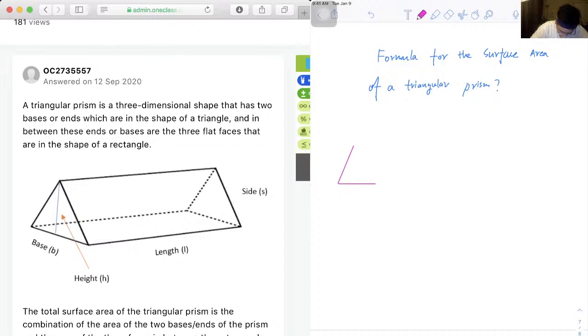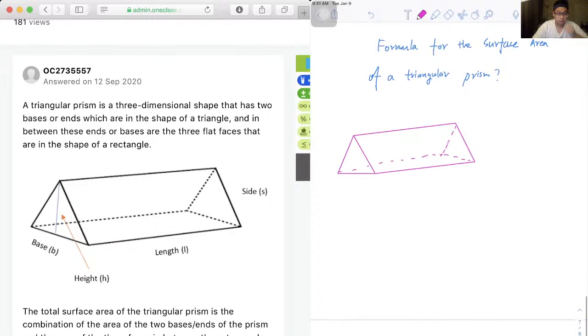So here is a triangle. It should be something like this.